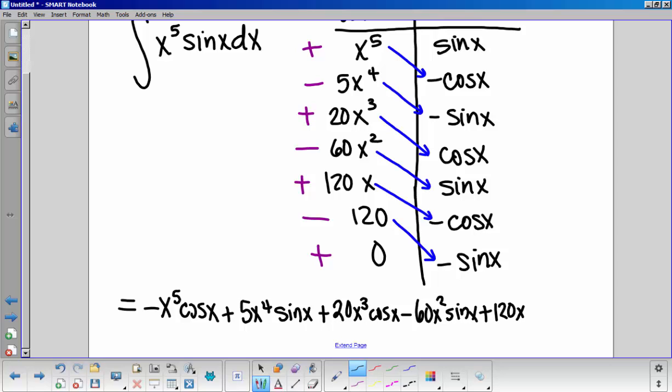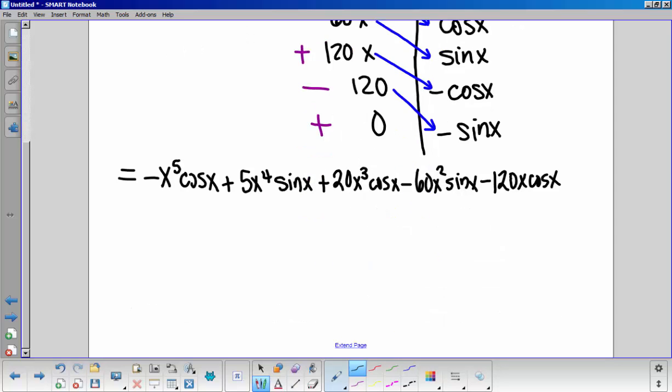Oh, it's minus, isn't it? Yeah, it's minus. Minus 120x cosine x plus 120 sine x. Plus C, you can't forget the cupcake.